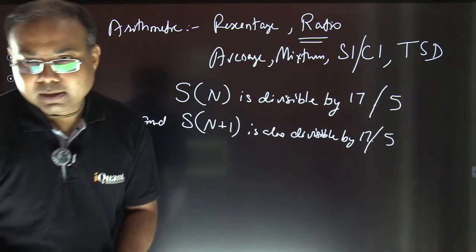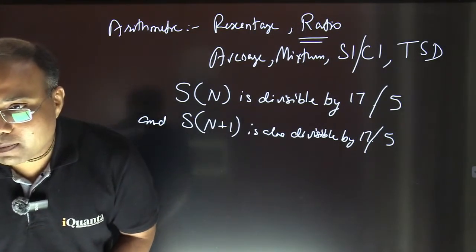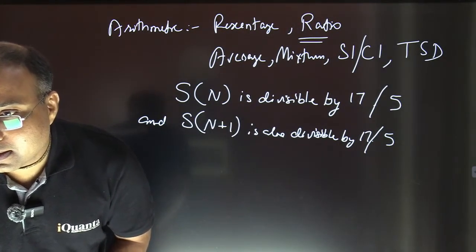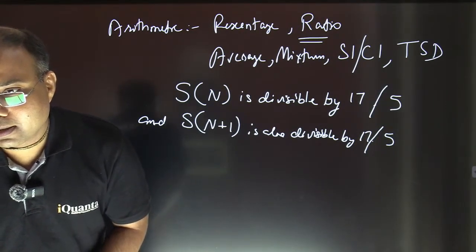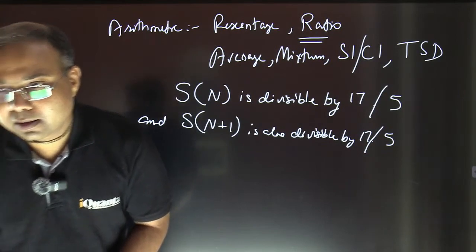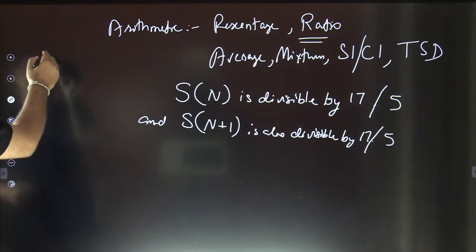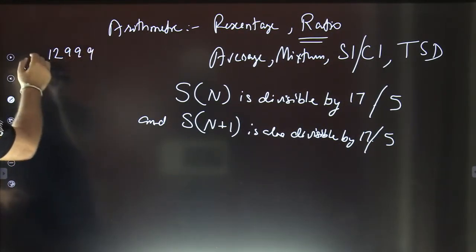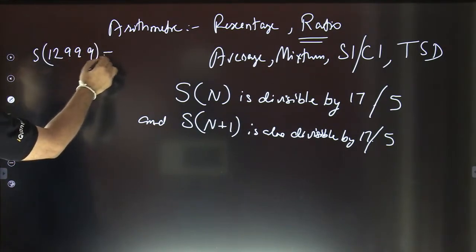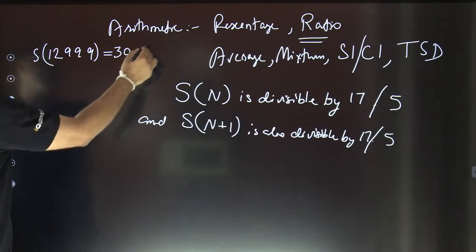Okay, those who have not tried yet, please do it now and tell me the answer. Soumyadeep is giving one answer: 12,999. Soumyadeep, let's check. If you are saying n to be 12,999, the sum of digits of this number is how much? 27 plus 3, that is 30, which is divisible by 5.